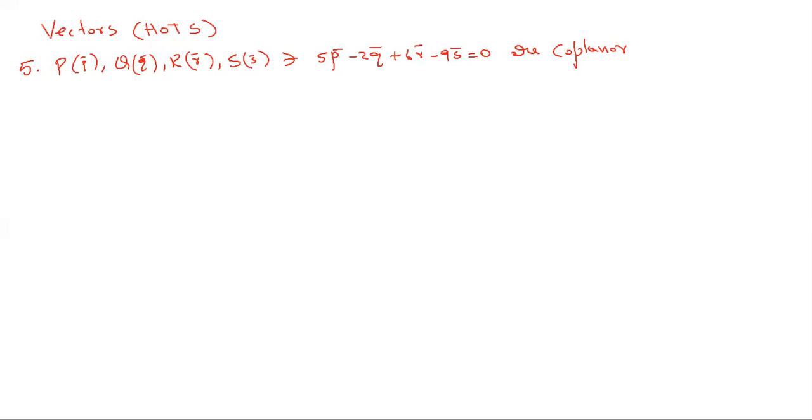Two lines will be coplanar if they are intersecting or one is parallel to another. In case one is parallel to another, there will be a plane passing through both of them. Or if they are intersecting, then automatically there will be a plane passing through both of them. So what they're asking here is to prove that these 4 points are coplanar.